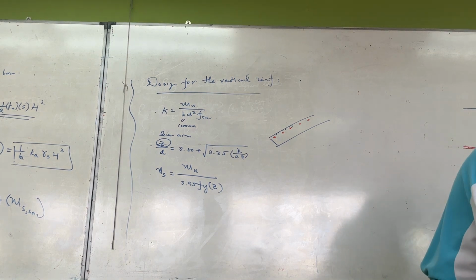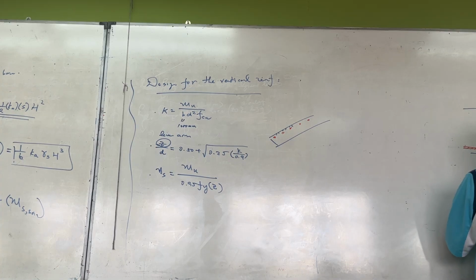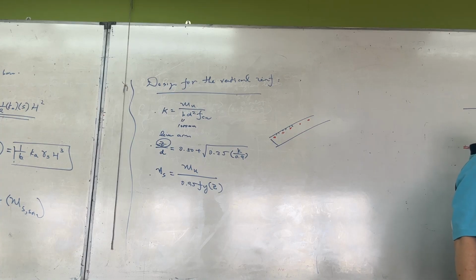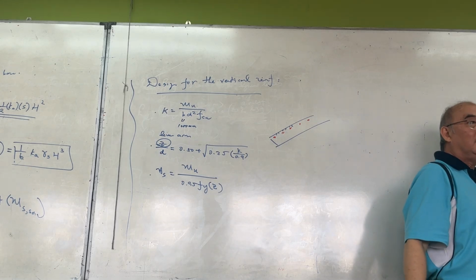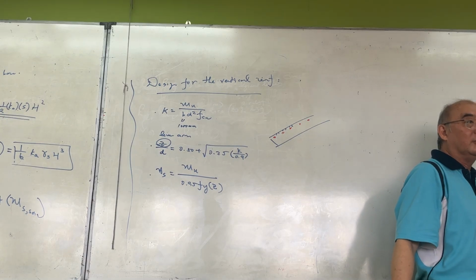So you can see that the moment is actually equal to T times the moment arm, right? Okay, so that means my T is equal to M divided by Z. My moment divided by moment arm is my tensile force.